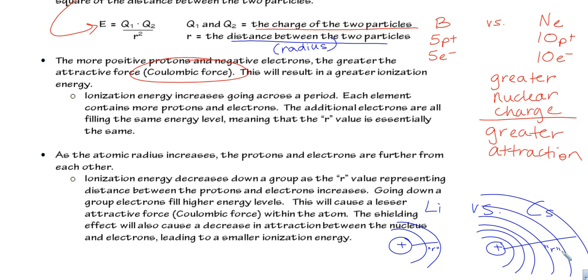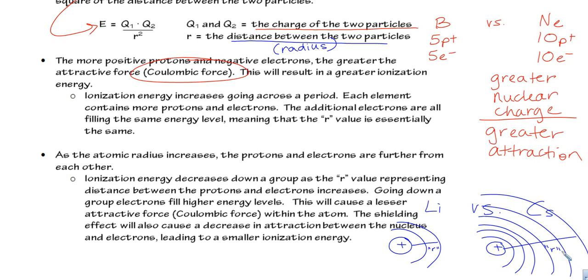What does that mean in terms of like attraction between the electrons and the nucleus? It's a weaker attraction. If I had a valence electron out in that 6th energy level, the attraction to the nucleus is pretty small. Number one, it's just far from the nucleus. Number 2, the shielding effect.